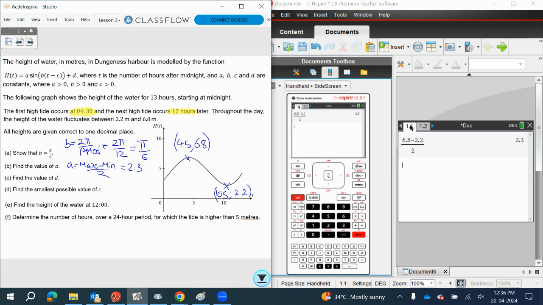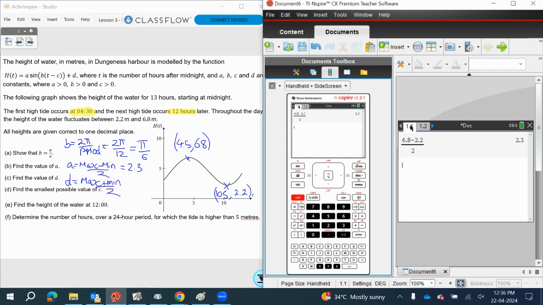Now find the value of D. D is equal to the max plus the min over 2. So 6.8 plus 2.2 over 2, 4.5.